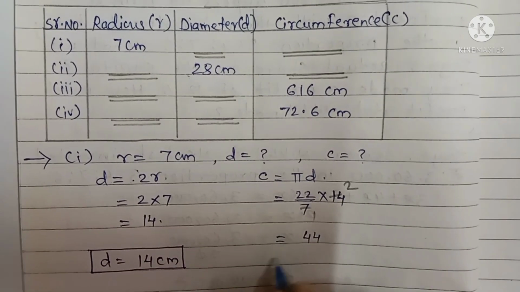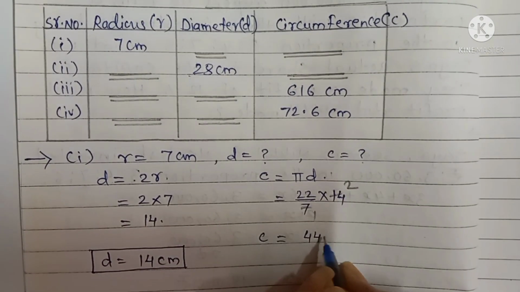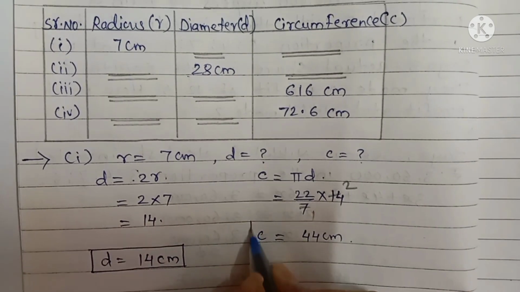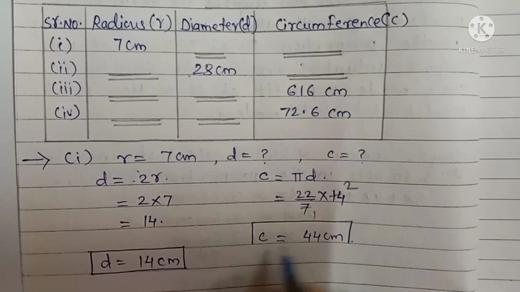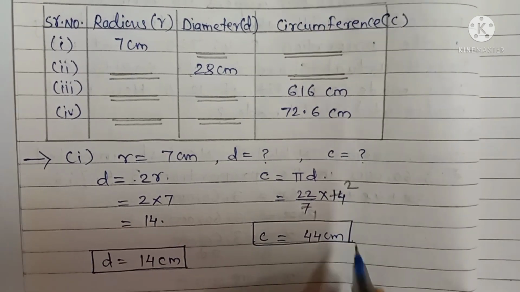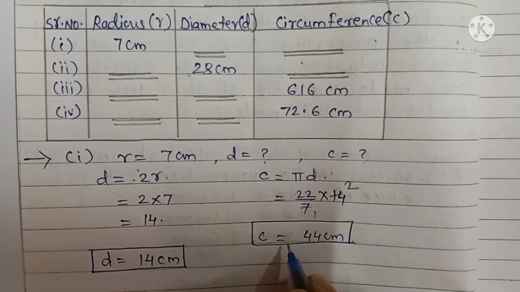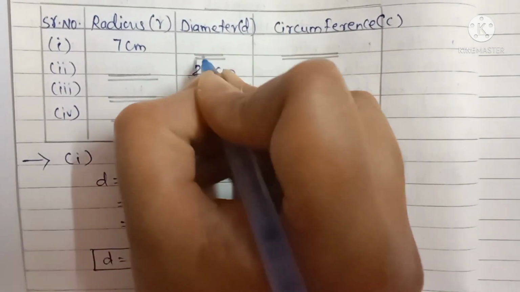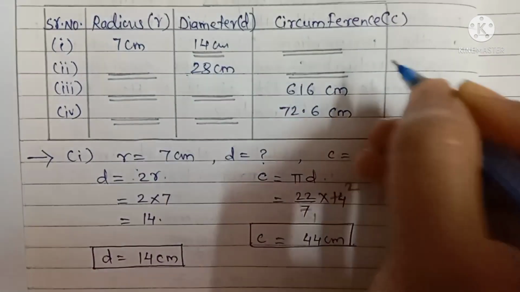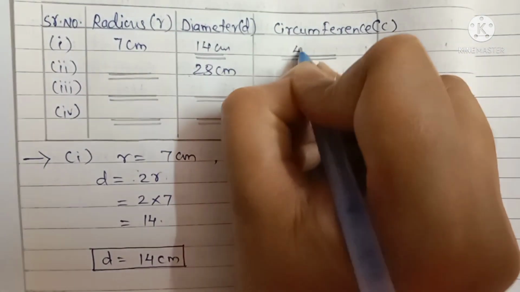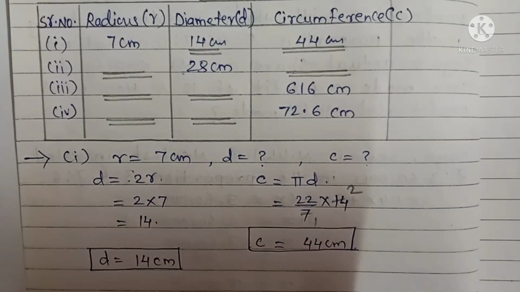Means circumference is equal to 44 centimeter. You can write down the values here: D is equal to 14 centimeter and C is equal to 44 centimeter.